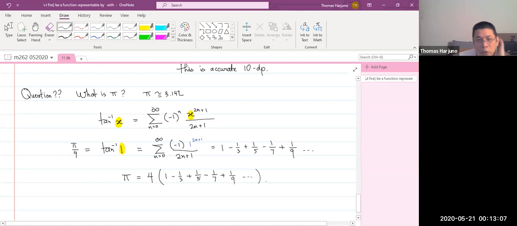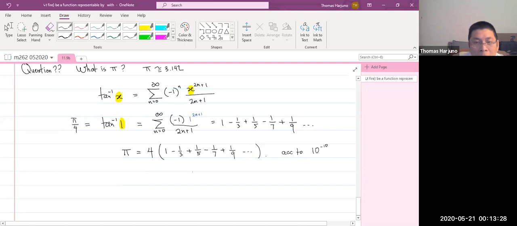So if you want to compute the value of pi, let's say, just for simplicity, accurate to 10 decimal places, then my nth term has to be less than 10 to the negative 10.